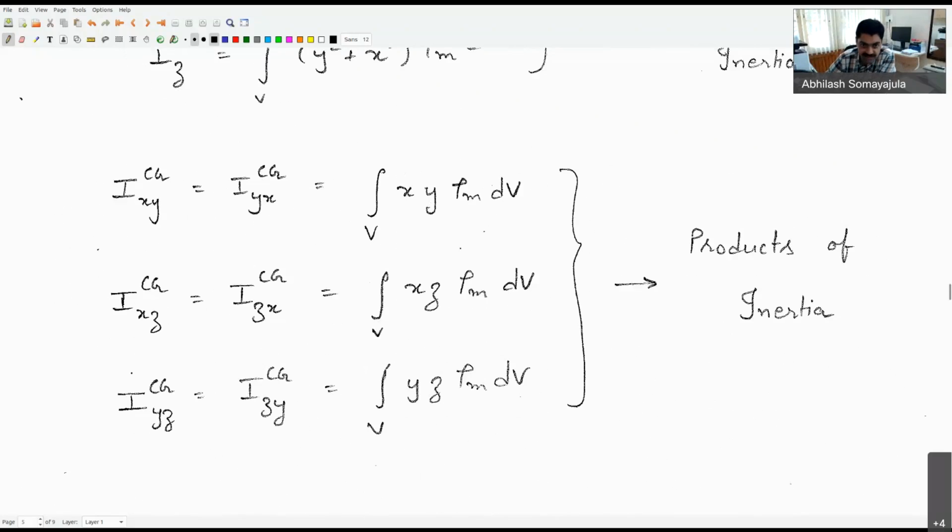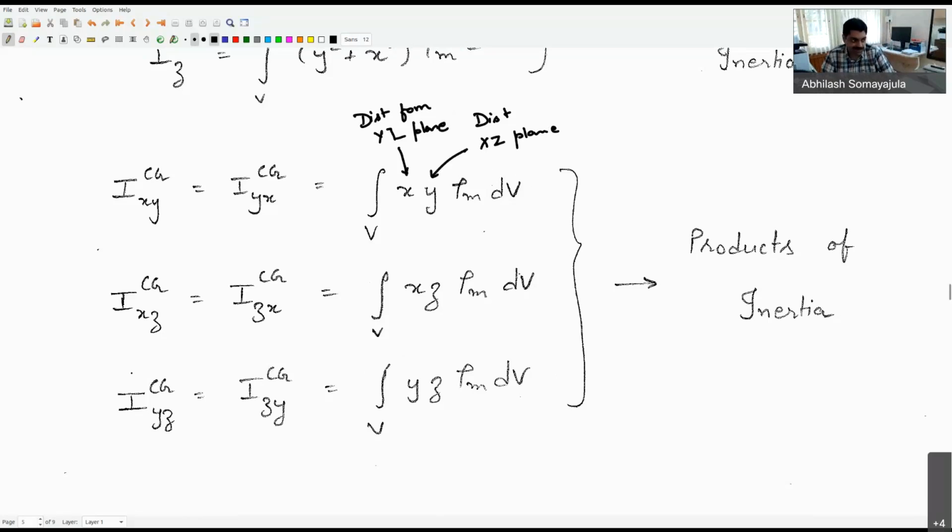So x here denotes the distance from the yz plane, and y here denotes the distance from the xz plane. And similarly, we have the other products of inertia also defined.